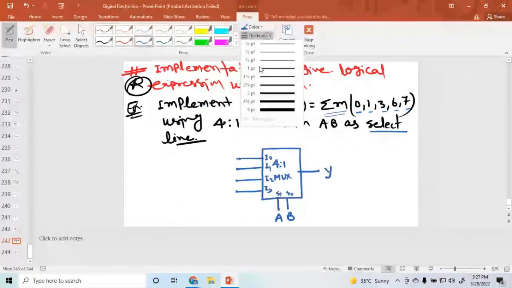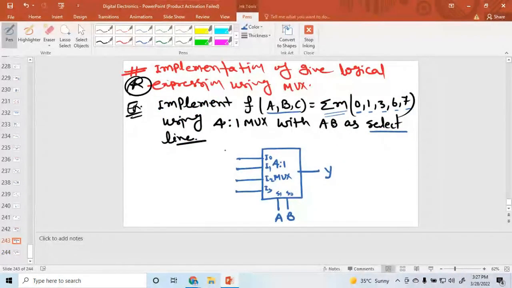So the values are 1, C, 0, 1. This is the final answer.